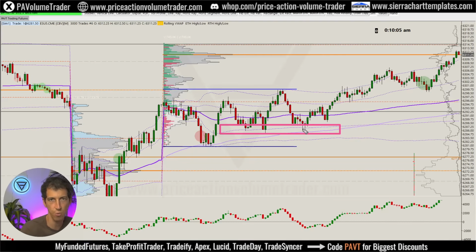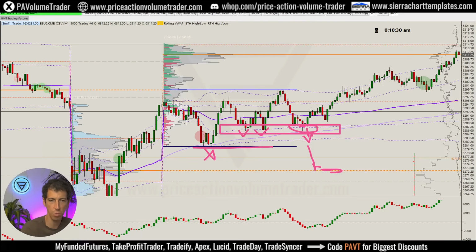That's why it's very risky to try to preempt breakouts or breakdowns, because a lot of times you're going to get this. The lows get tested, market goes up, comes back very aggressively, and right here, people are market selling, thinking we're going to make new lows for the session and continue lower.